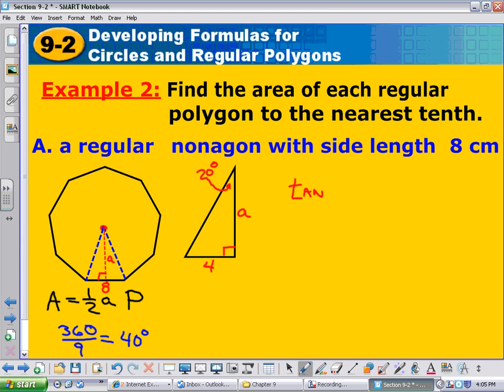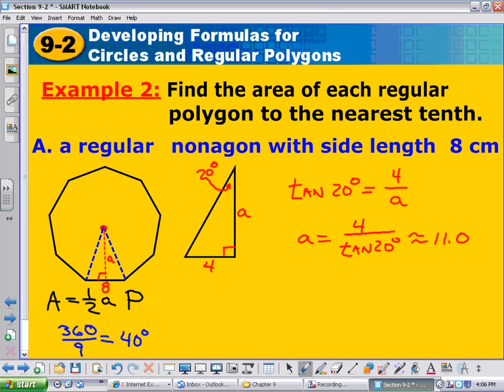The tangent of 20 degrees equals the opposite side, 4, over the adjacent side, A. So we're going to solve this now for A. A is going to equal 4 divided by the tangent of 20. Basically multiplying both sides by A and then dividing by the tangent of 20. Now, when you do that, you should get around 11.0. Okay, so our apothem is about 11.